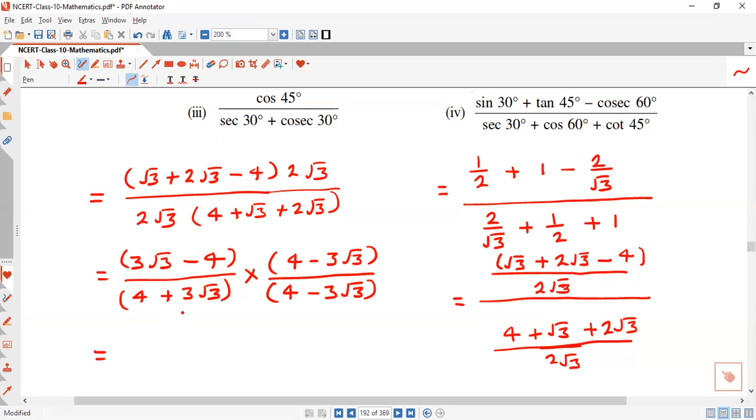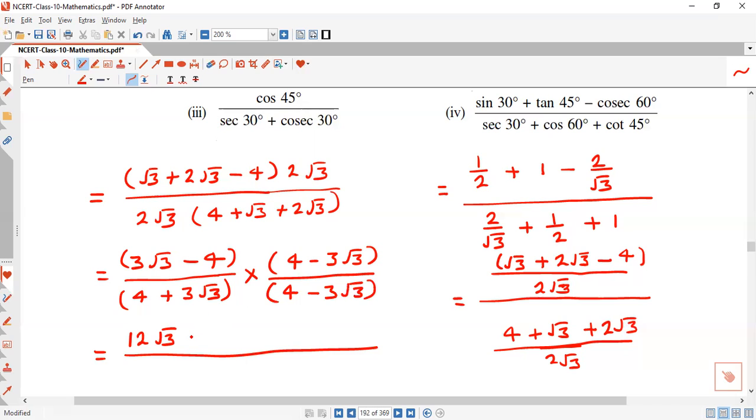Now, taking the multiplication, 3 root 3 into 4 comes out 12 root 3. 3 root 3 into minus 3 root 3 comes out 3 into 3, 9, and root 3 into root 3 is 3, so 9 times 3, 27.